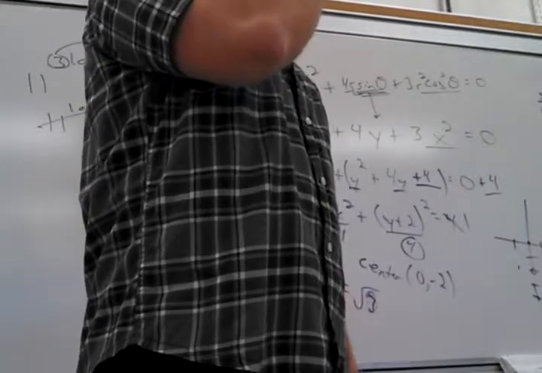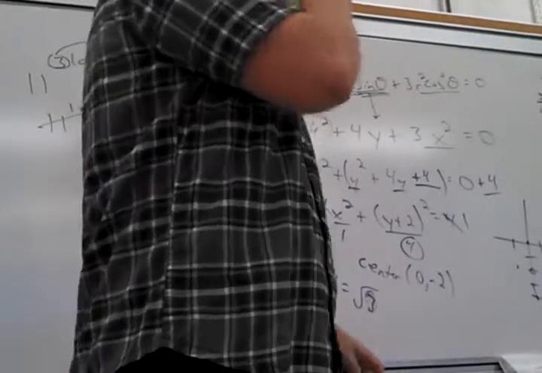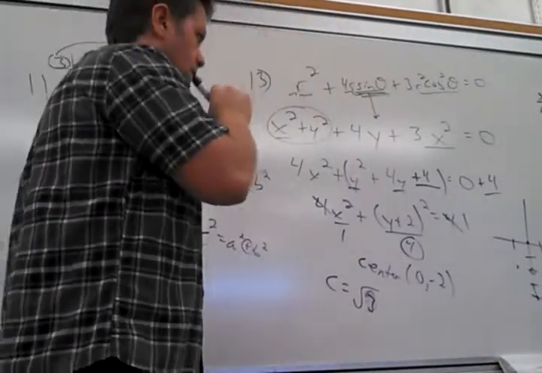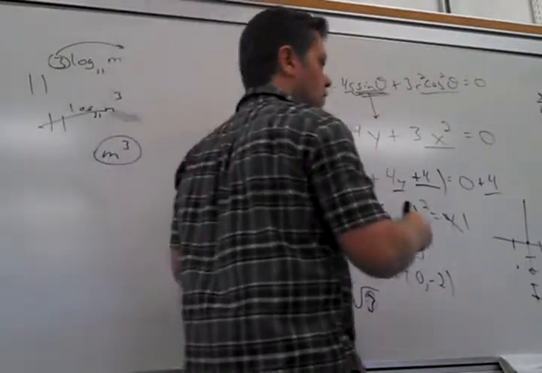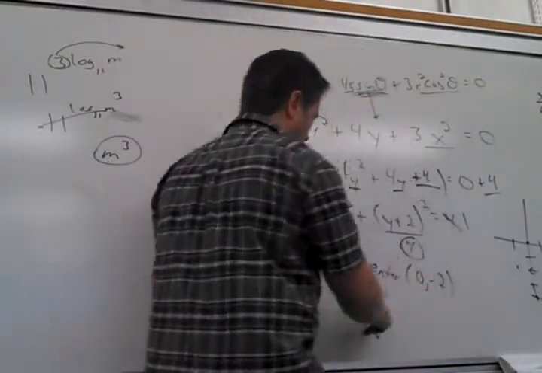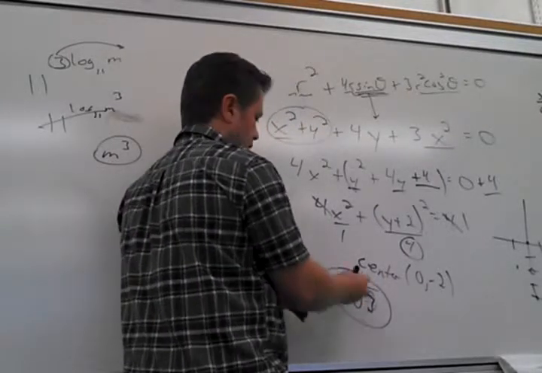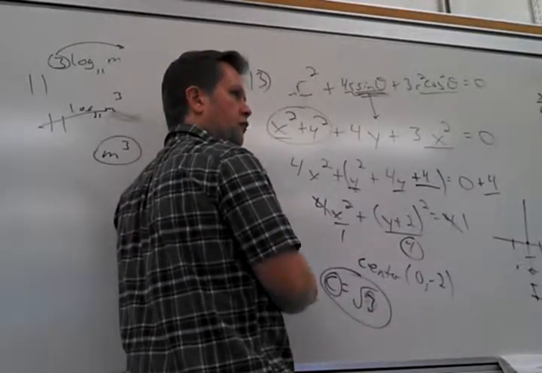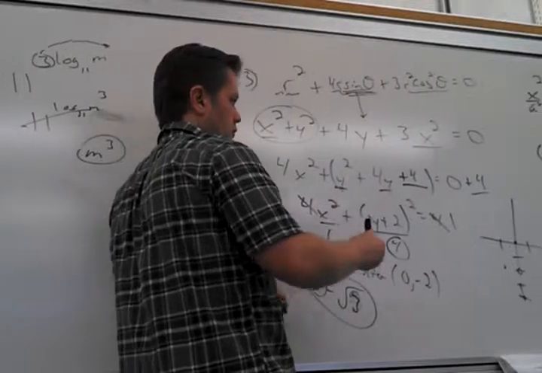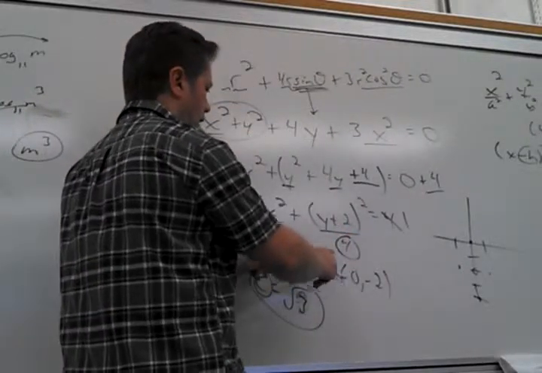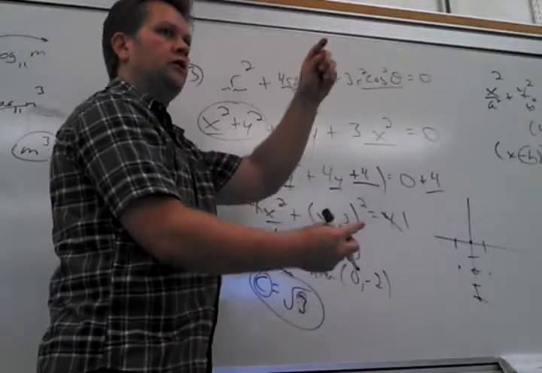So on the test, c is root 3. Do you want us, when we state our foci, to put it in decimal form? Now be careful. Let's go one step further on this. This is not the focus. This is actually how far the focus is away from what? The center. Yeah, so again, I look at it just like a and b, how far from the center I go.